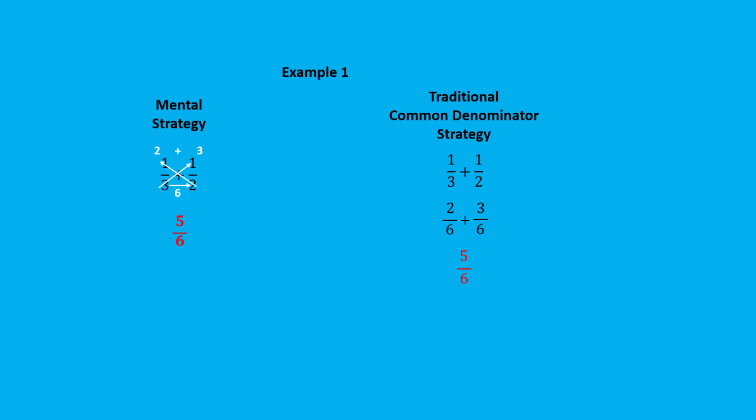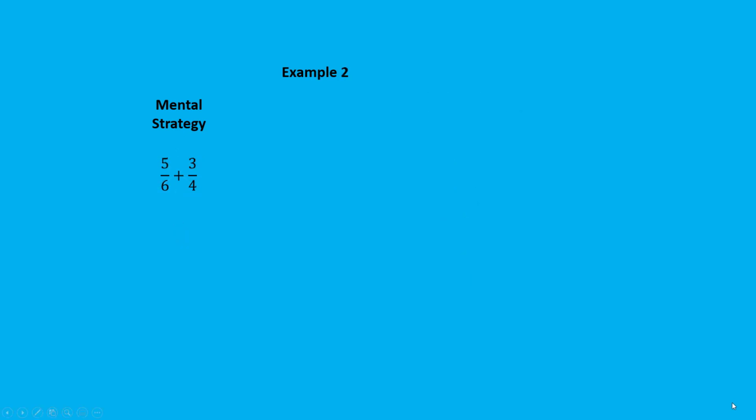Basically, what's happening with this strategy is we're allowing you to do the common denominator part mentally. Let's look at example 2. Let's take 4 times 5 is 20, plus 6 times 3 is 18, which gives us 38 in the numerator of the answer. Now we take 6 times 4 is 24. That becomes the denominator.